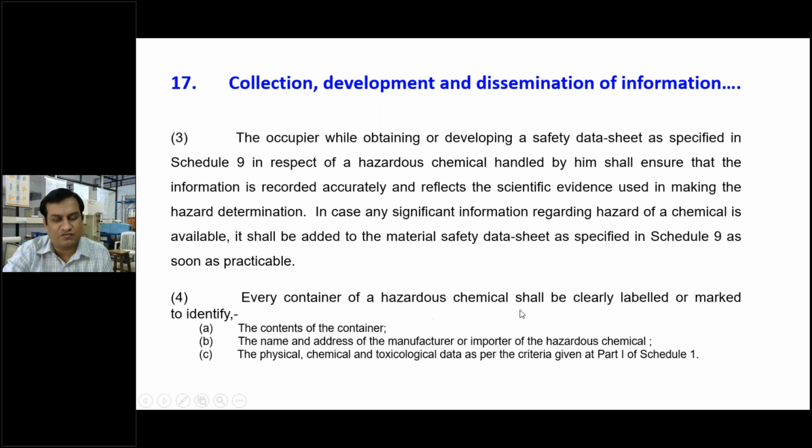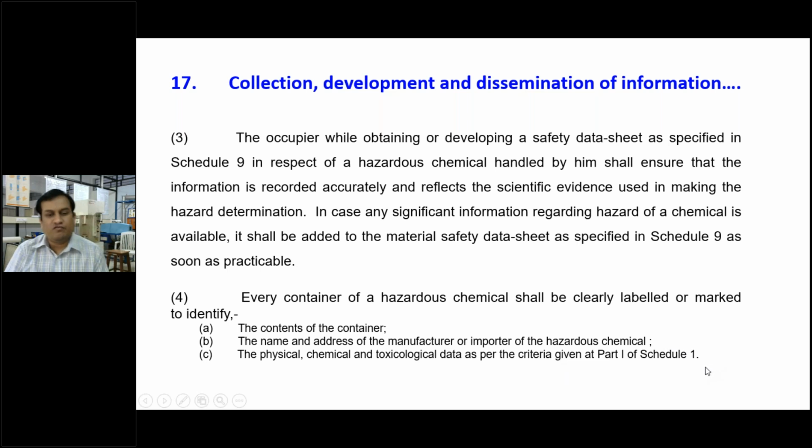Every container of a hazardous chemical shall be clearly labeled or marked to identify the contents of the container, the name and address of the manufacturer or importer of the hazardous chemicals, and the physical, chemical, toxicological data as per the criteria given in part 1 of schedule 1.